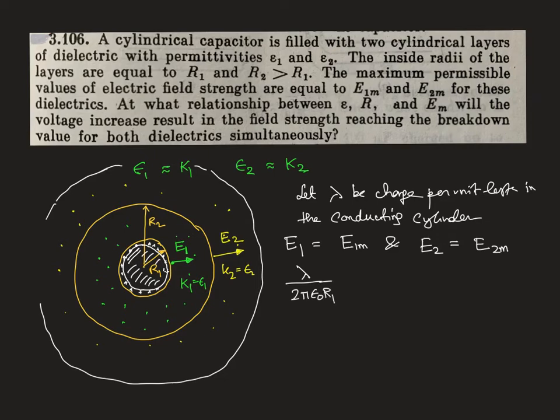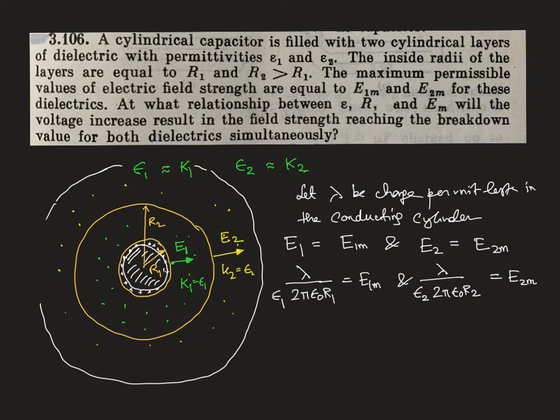This would have been the field in vacuum. Now it's divided by the dielectric constant epsilon 1 or K1 if you want to write it that way. So this is equal to E1m, and say for E2, this lambda by epsilon 2, that is that dielectric constant K2 also you can write, 2 pi epsilon naught R2 is equal to E2m.